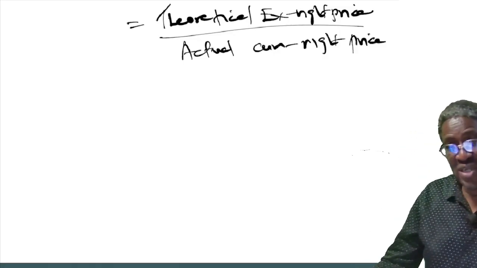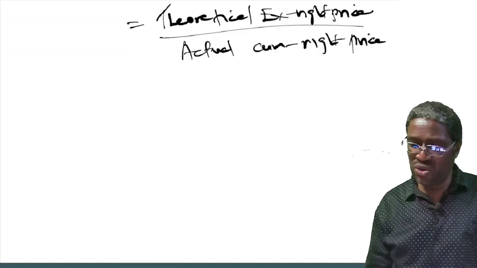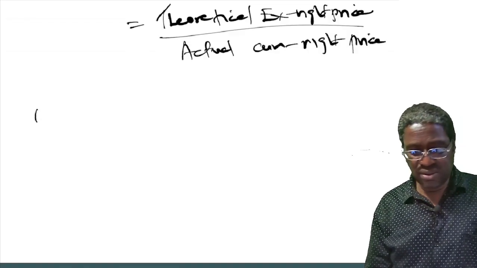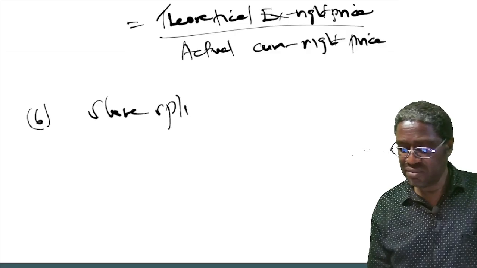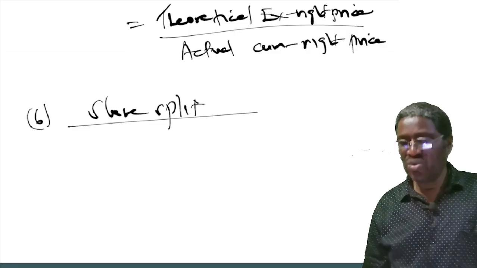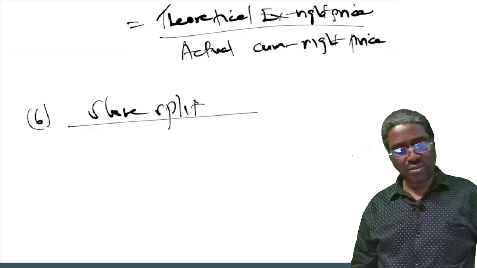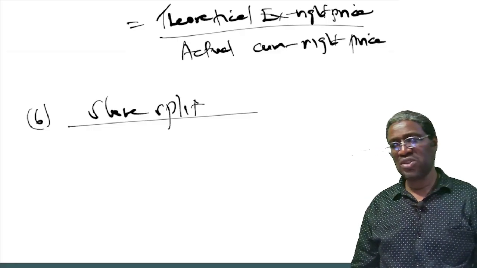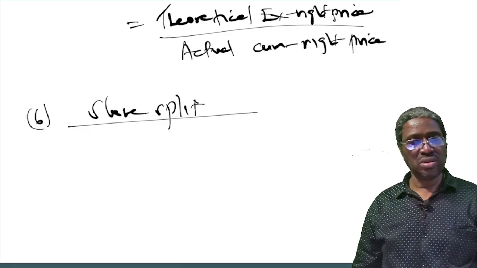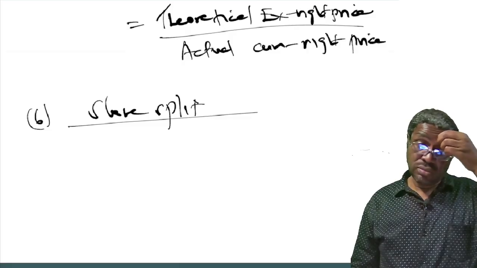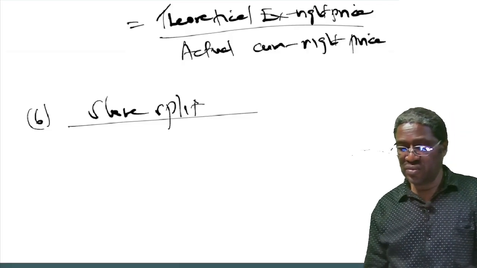This is a review in summary. Good. So now we go to number 6, share split. When shares are issued as a result of a share split, what do you do? Let me explain.